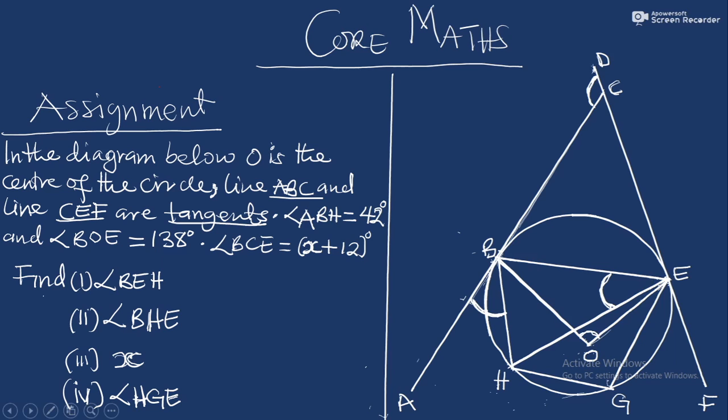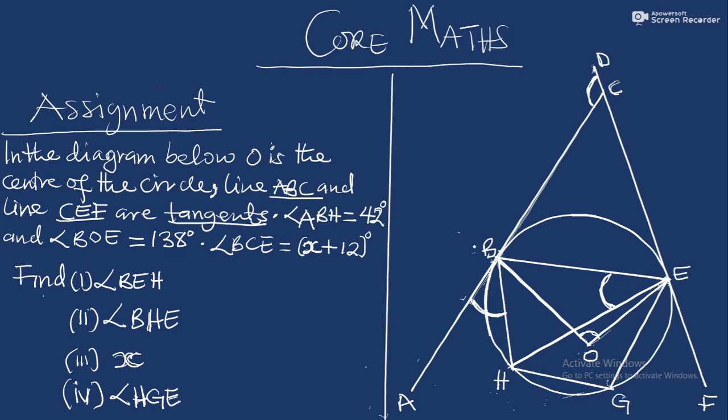Tracing this line down and this one down, you realize that it falls on chord BH. So it means that chord BH formed the angle at E. So when you trace the angle down, it falls on this chord, so this chord formed that angle here.